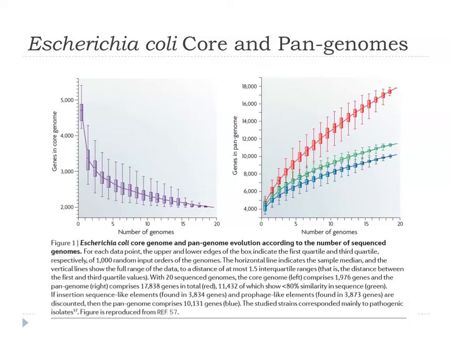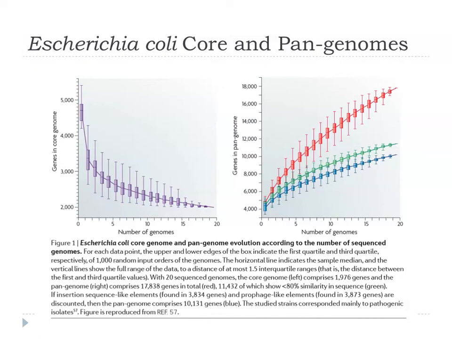Whatever criteria, and if you look at things like insertion sequences that jump around the genome, to say that this is exactly the same, equivalent in one strain as in another strain, when it's in a different site, well, there's flexibility. So what you see here are 3 different measures, but you can see in each case the number of genes in the pan-genome is going up quite substantially, and we haven't yet saturated that pan-genome.